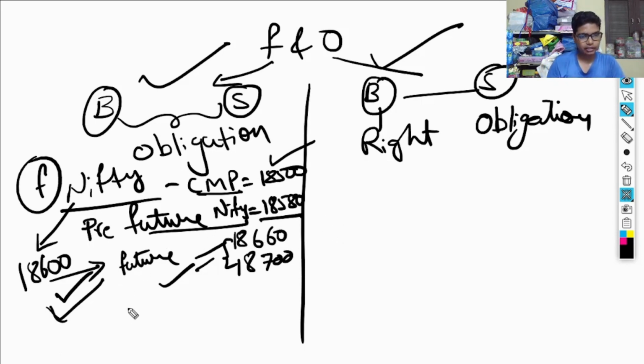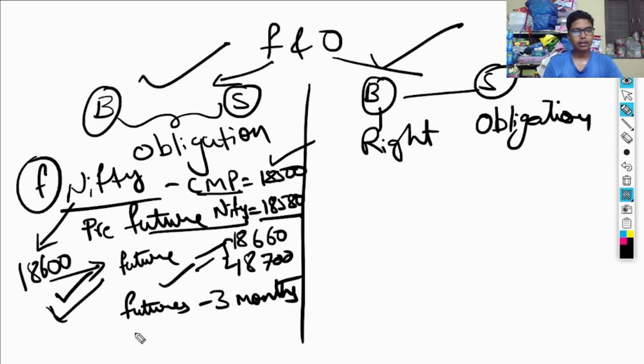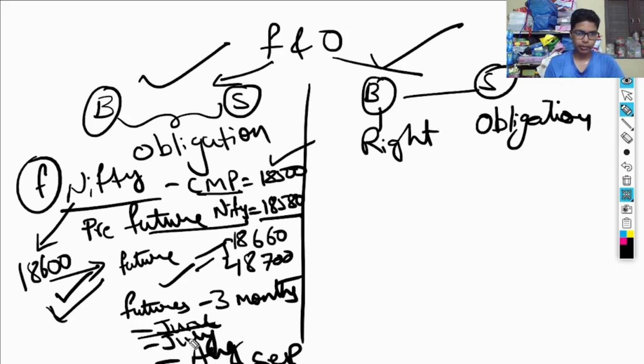Futures have a maximum of 3 months contracts. Let's say the current month is June, so 3 months means June, July and August. If the June contract completes, the September month contract will be opened, and like that the futures will go on.